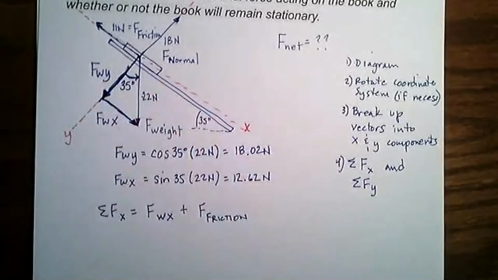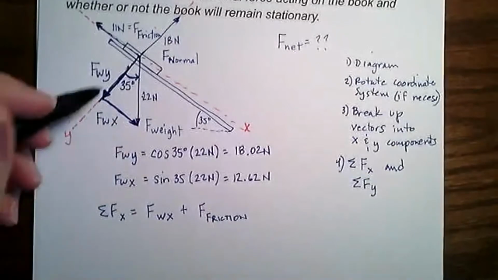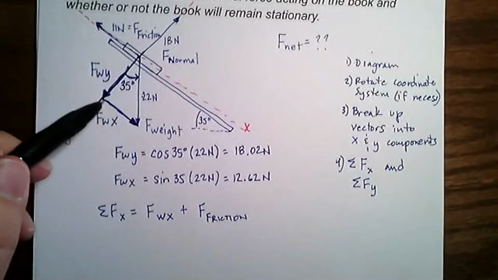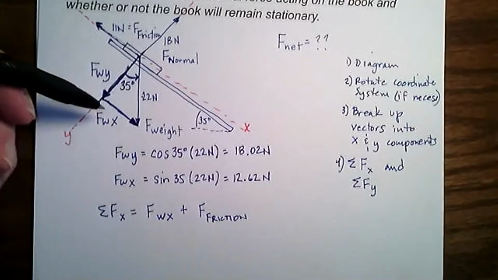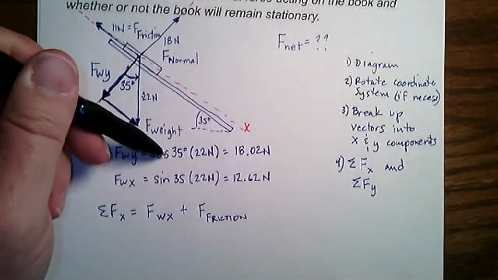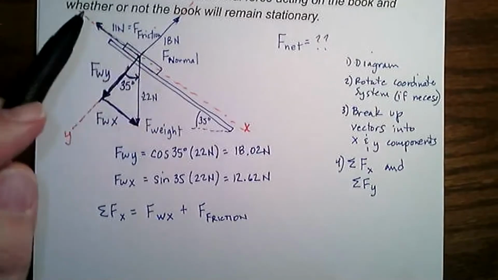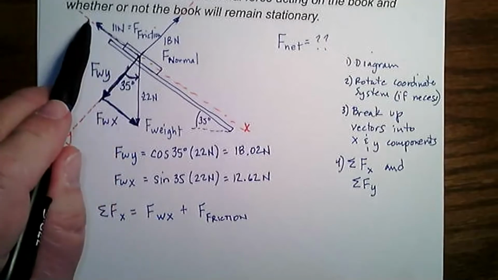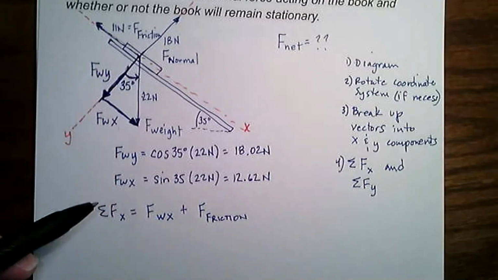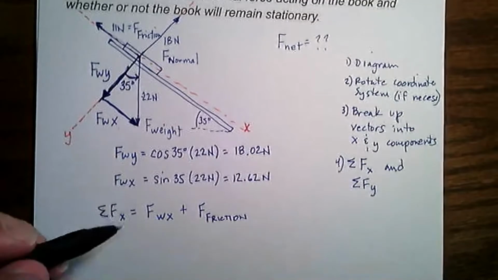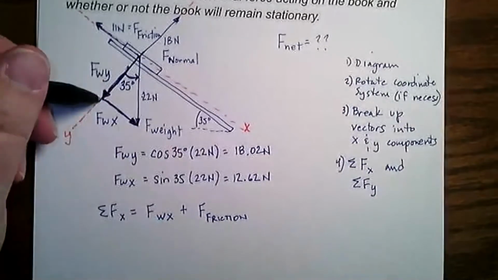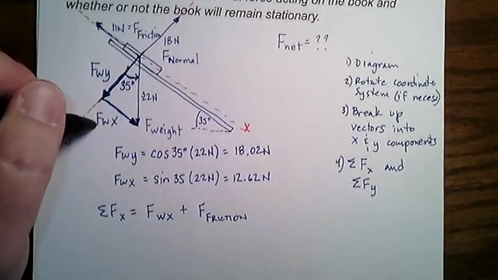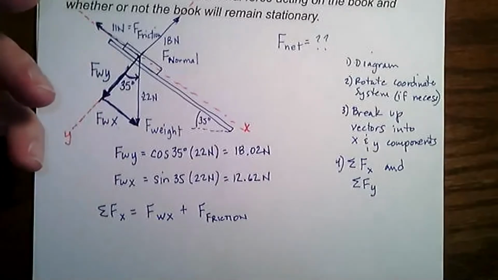Okay. Now, let's think about these numbers, though, because I have values for all of these. If I look at this force here, FWX, it's going down the slope towards the right. But friction is going up the slope towards the left. So when I add these together, one of them is going to have to be negative because they're in opposite directions. So I'm going to call the down the slope forces, or FWX, negative.